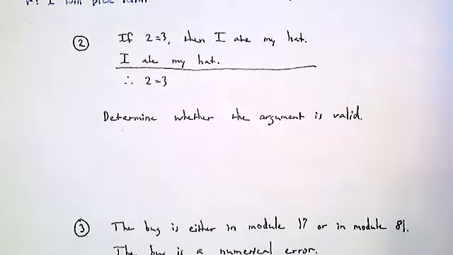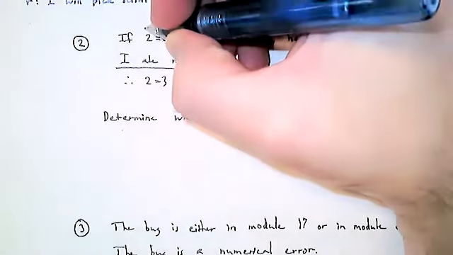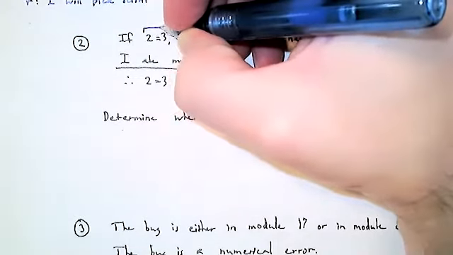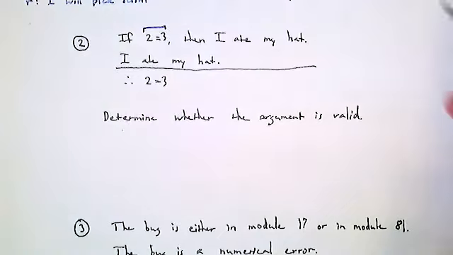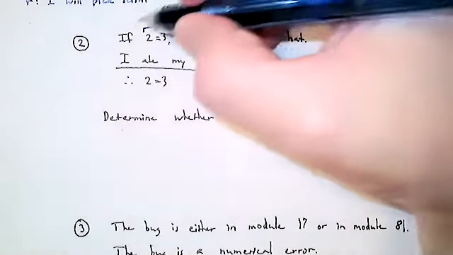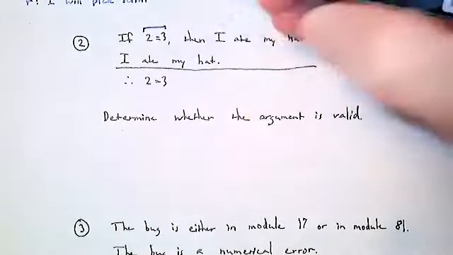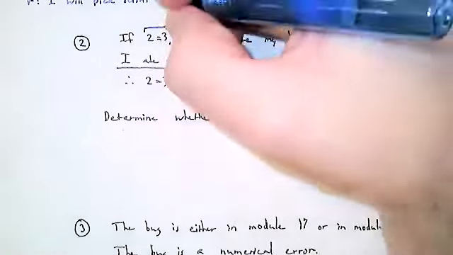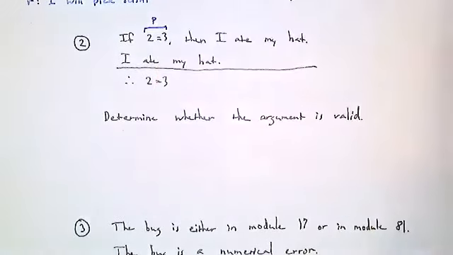So let's break this down and translate it into a symbolic argument. And there's two pieces here. If 2 equals 3, this mathematical proposition should be one of our simple propositions.